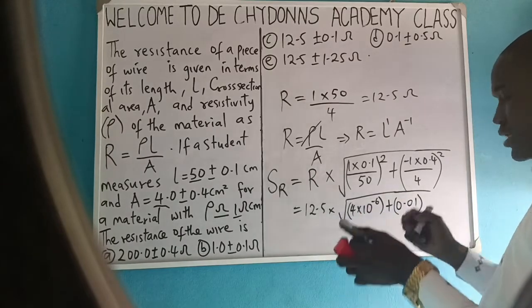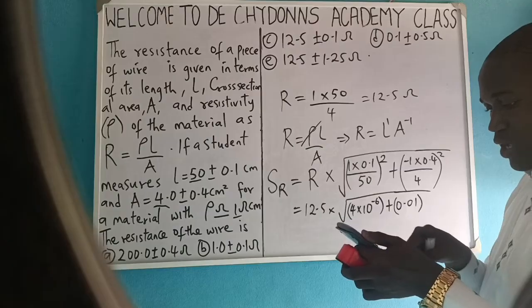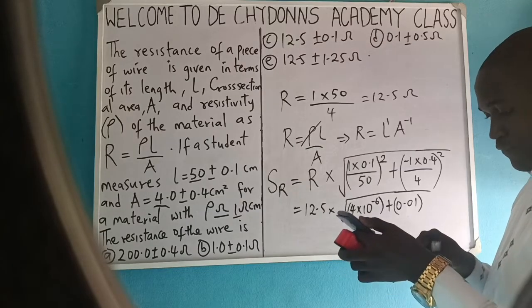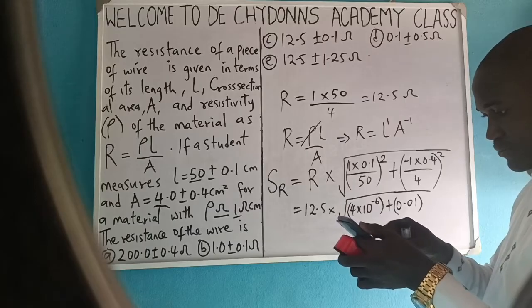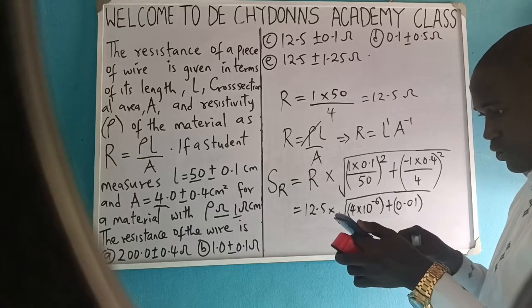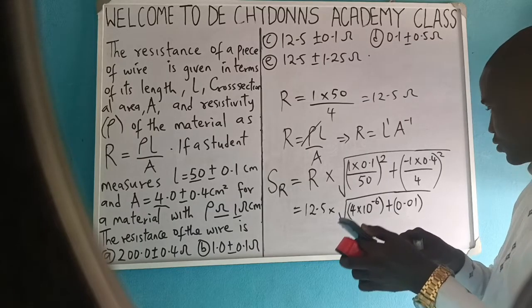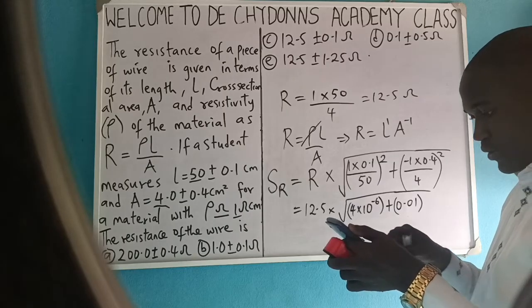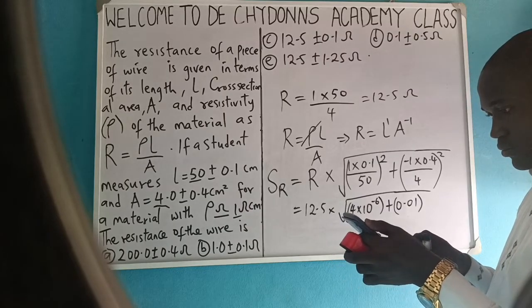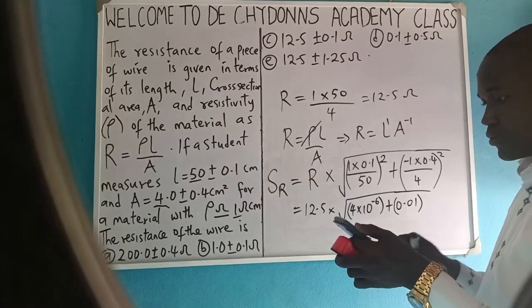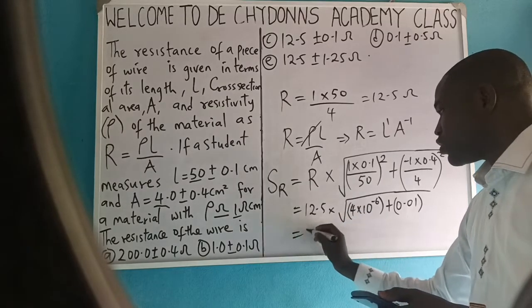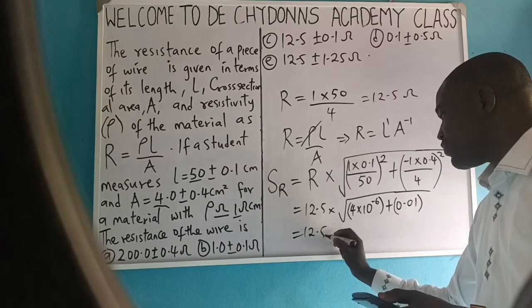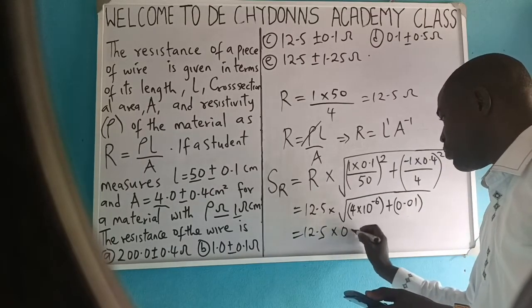So we will add them and get the square root. 4 times 10 raised to power of minus 6 plus 0.01. We'll be having 0.1, equals 12.5 times 0.1.